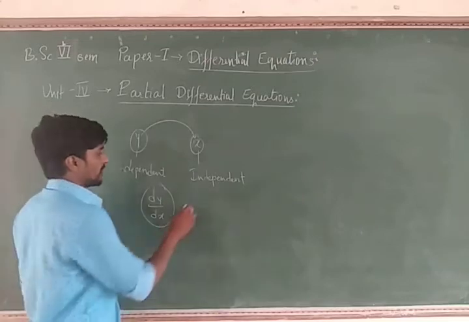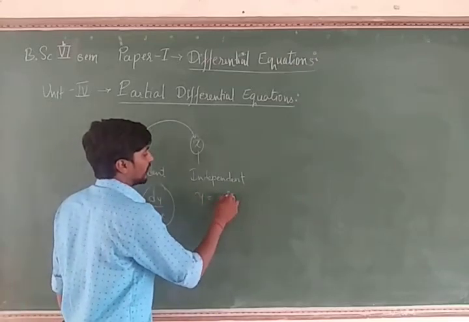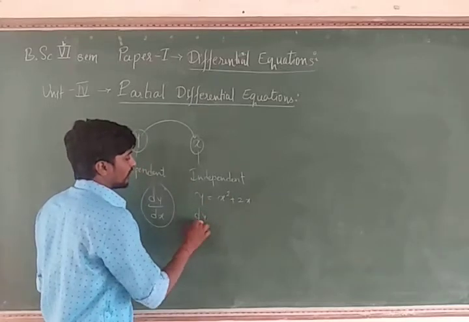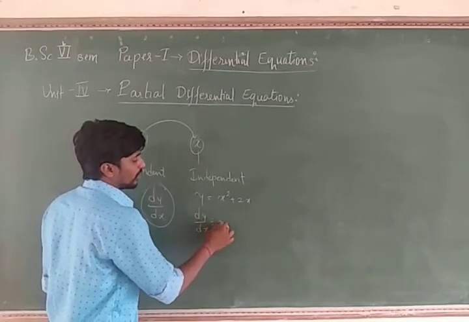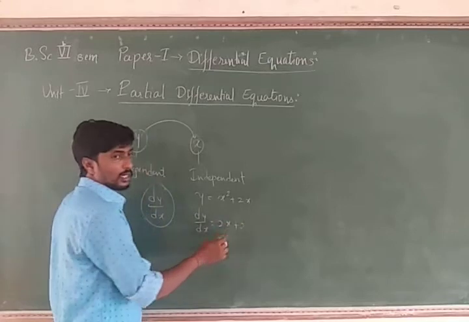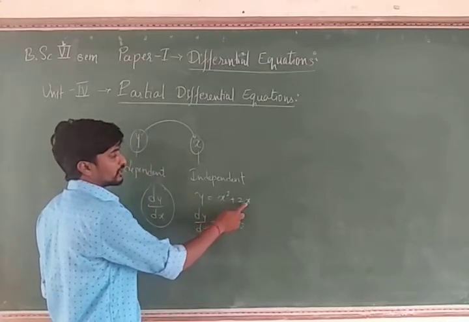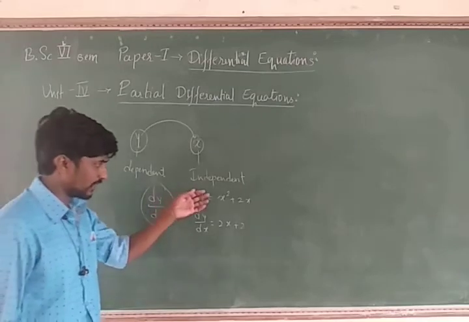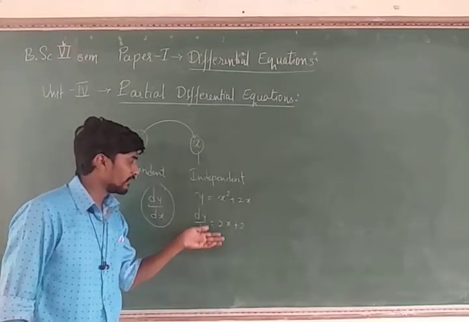For example, if I consider y equal to x square plus 2x, then dy by dx is equal to 2x plus 2. Differentiation of x square is 2x, differentiation of 2x is 2 only. So now look here, we are very easily differentiating the given function.